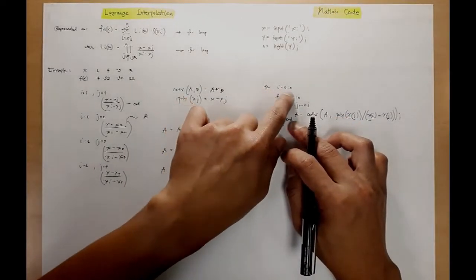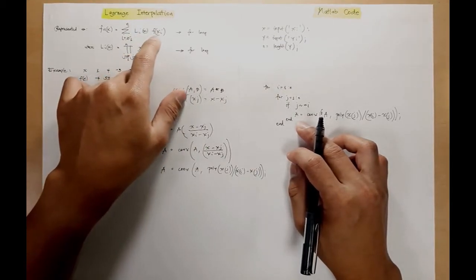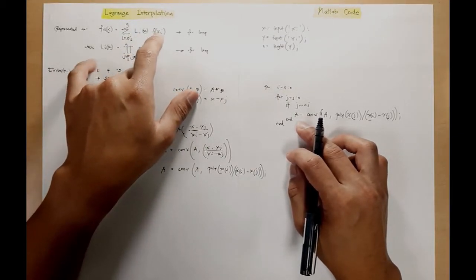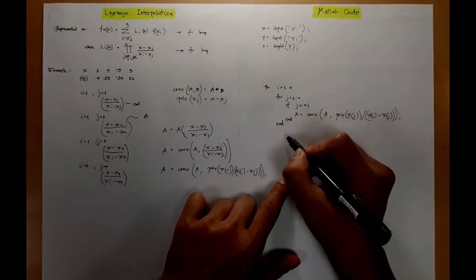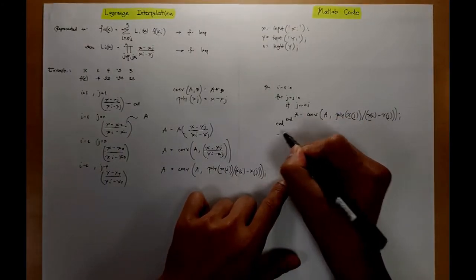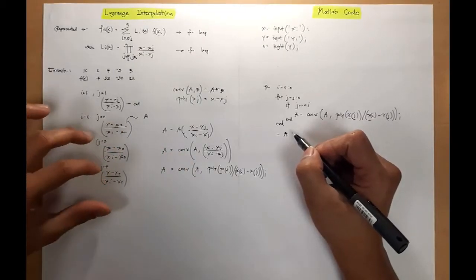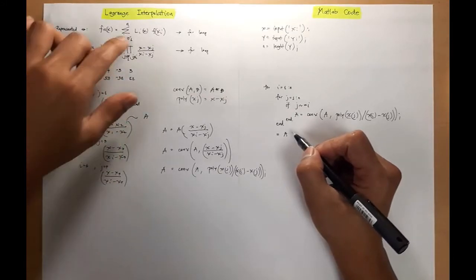But for i equal to 1 to n, take note that we have to multiply it to f of xi. So next, we will multiply the end value of the iterative product of this one.